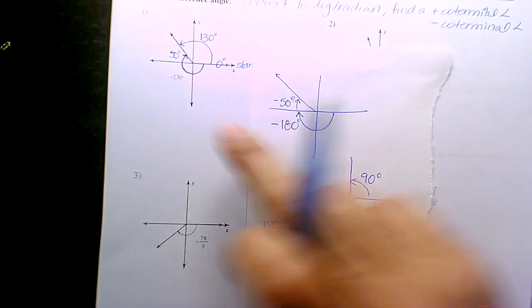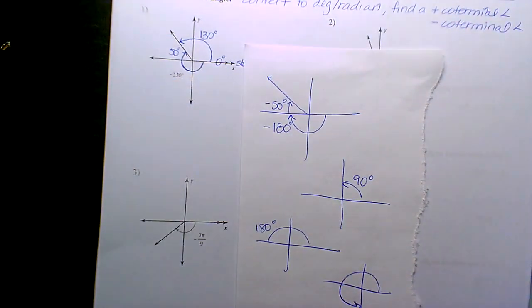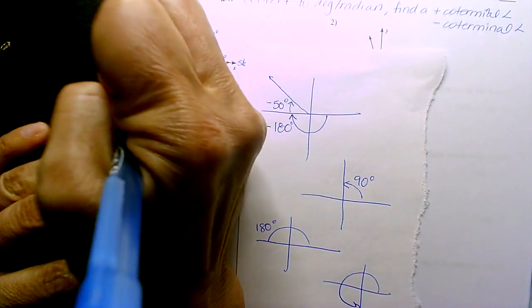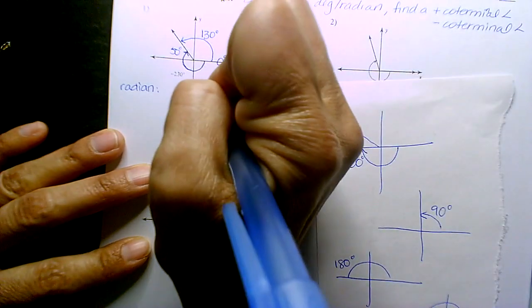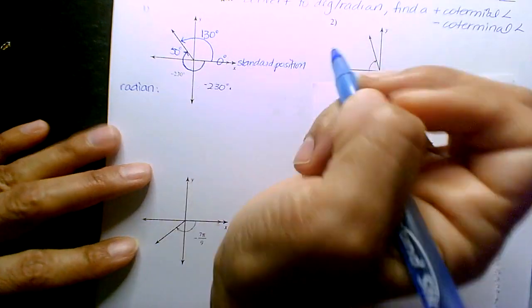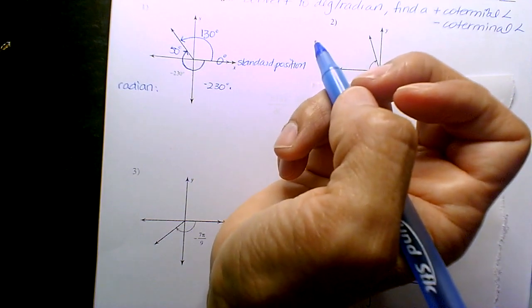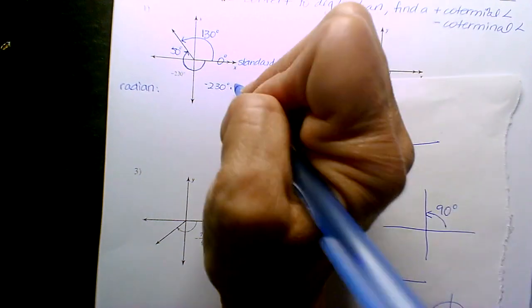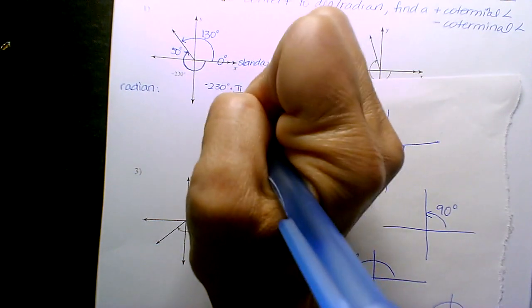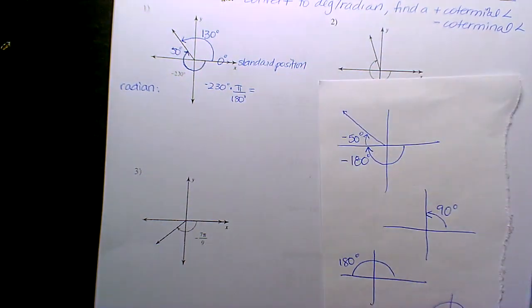Convert to degrees or radians. So since they gave me degrees, what would be the radian conversion? What do I multiply by? 180 degrees over pi. Other way. Not for a radian. Pi over 180 degrees.